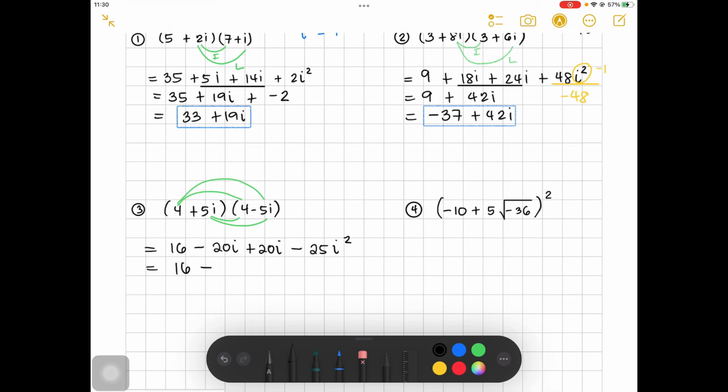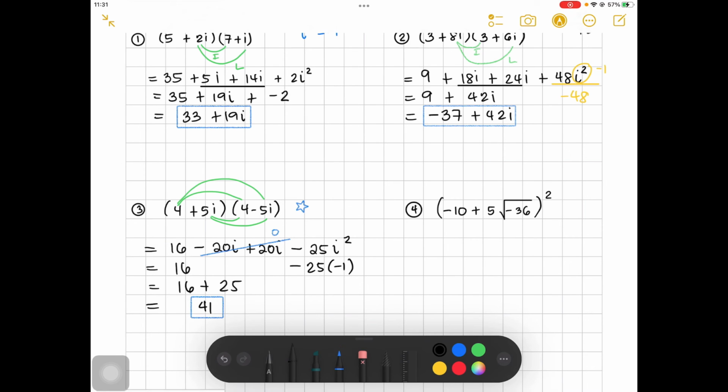The middle term will be 0, and 25 i squared is negative 1, so we have 16 plus 25. 16 plus 25, we have 41. Take note, when we multiply these two complex numbers, we arrive at a real number. We're going to use that idea later on.